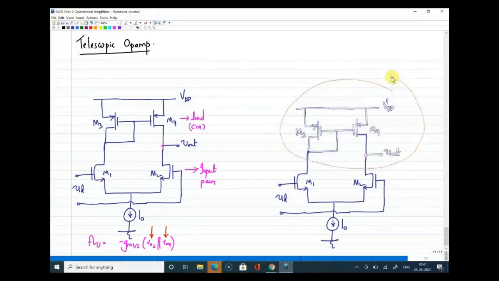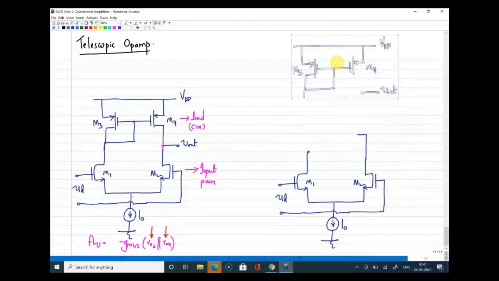So this is the load part. This I removed to the top. So this is my initial structure. I have just removed the load and kept it here. Yes Anushka, that is right, it will increase by a gm r0 value.